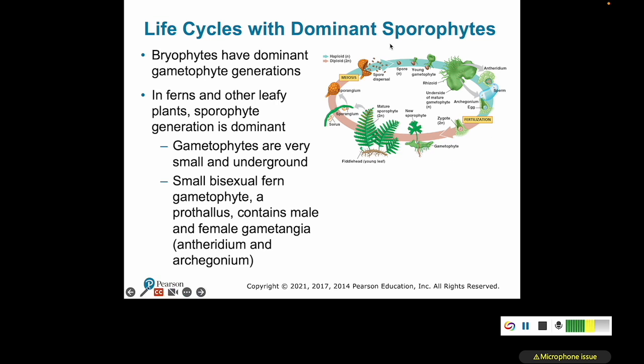So here in a seedless vascular plant, this gametophyte generation is probably going to be not even bigger than your pinky fingernail. And they're typically underground. Small bisexual fern gametophytes called prothallus have both male and female gametangia, both antheridium and archegonia, and are able to fertilize like that.